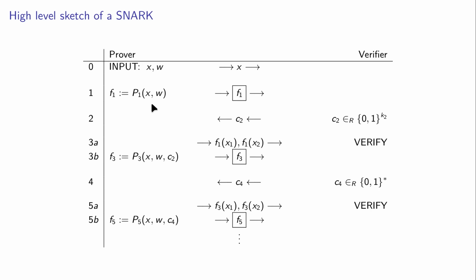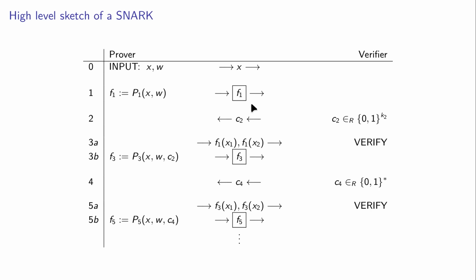Well, the prover will commit to a polynomial f1 based on all the inputs, and it will compute the polynomial and commit to it. Then there will be a challenge.